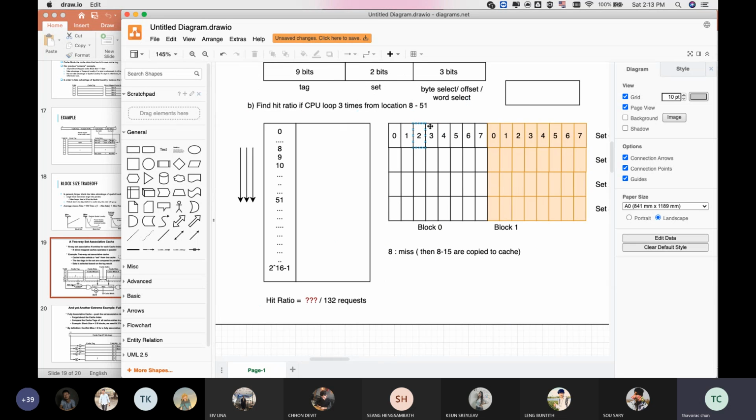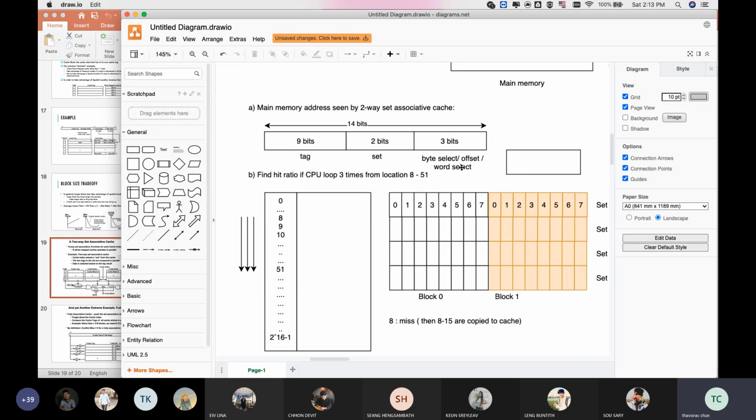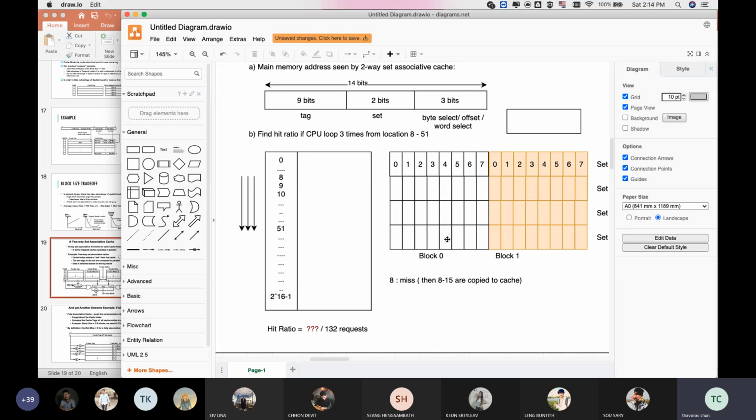Because inside a block there are 8 words, remember? So when we copy the entire block, the block containing address 8 goes from address 8 to address 15. So we copy 8 to 15 into the cache.